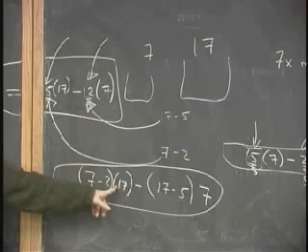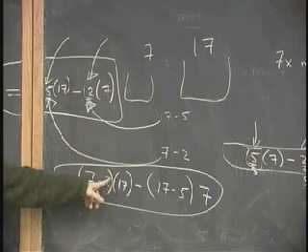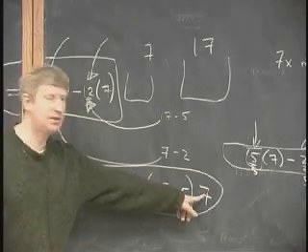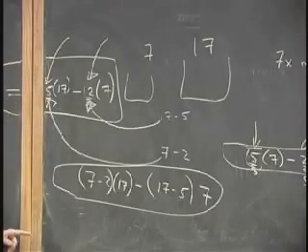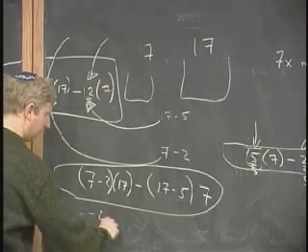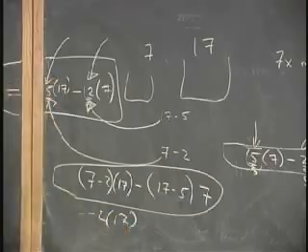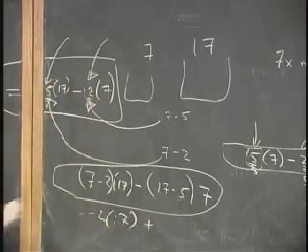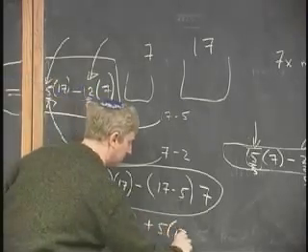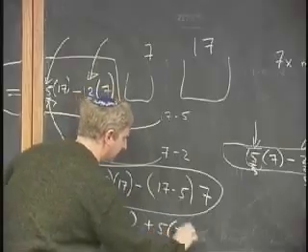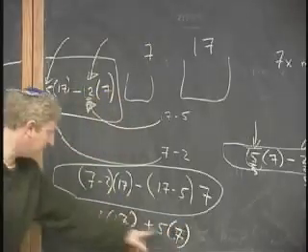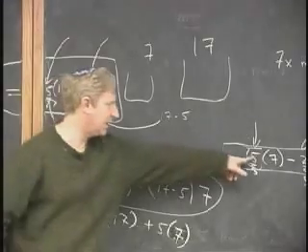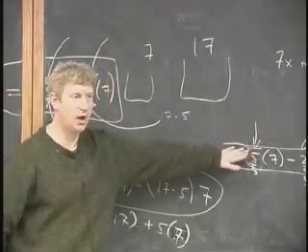You get 7 times 17 over here, and that cancels with 7 times 17 over here. What's actually left after those two things cancel? Minus 2 times 17 plus 5 times 7. That is 5 times 7 minus 2 times 17. What does that equal? 1. That's what we started with.